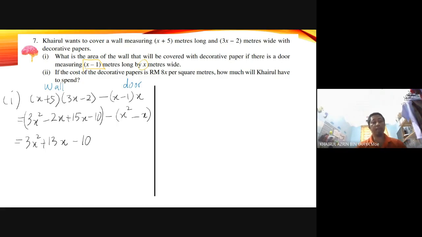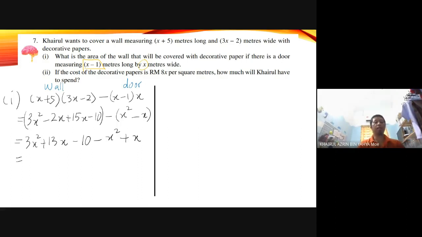and then for the second bracket, you need to be careful because we have a minus in front of the bracket, so it should be minus x squared, but for the second term, negative negative will become positive, or plus x.